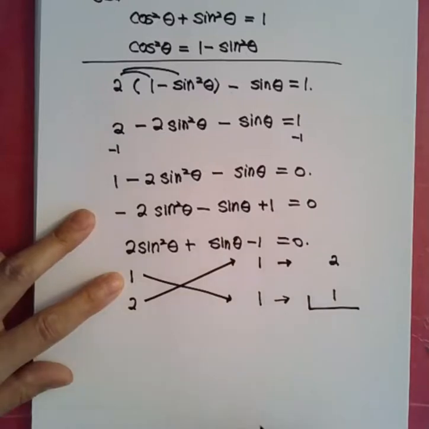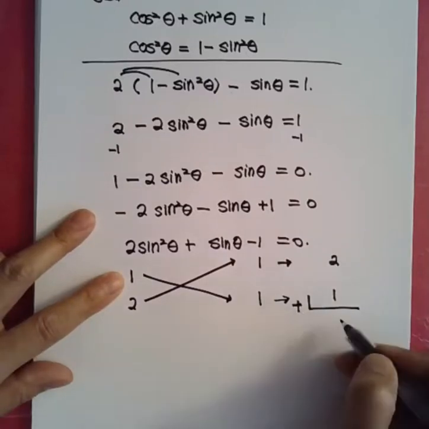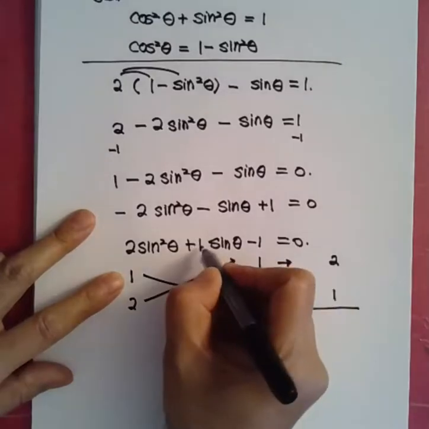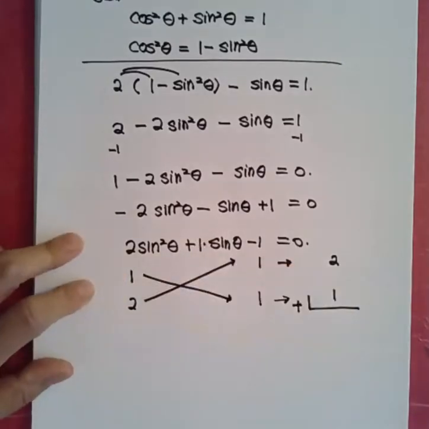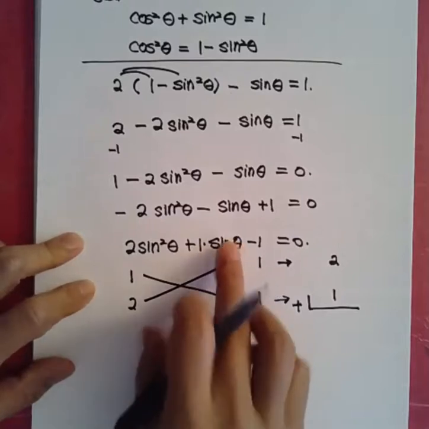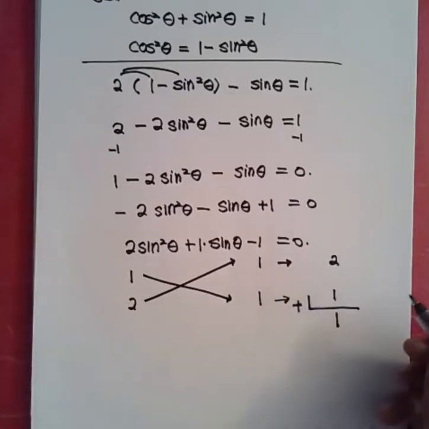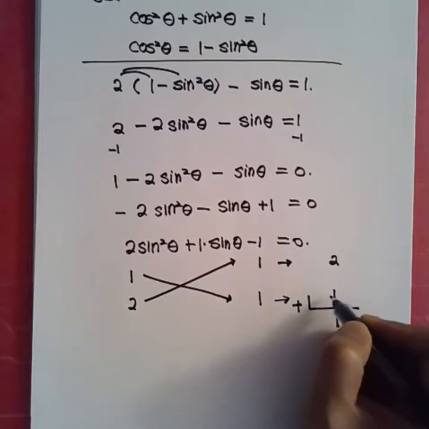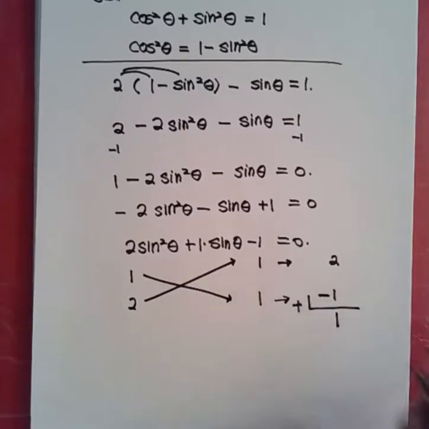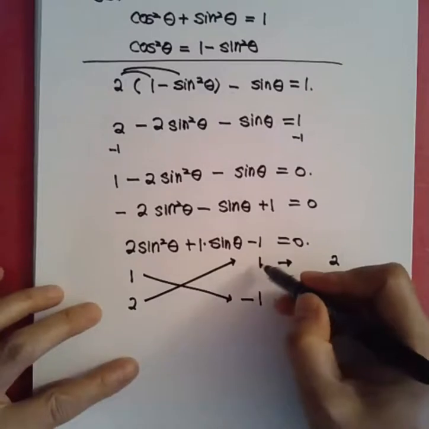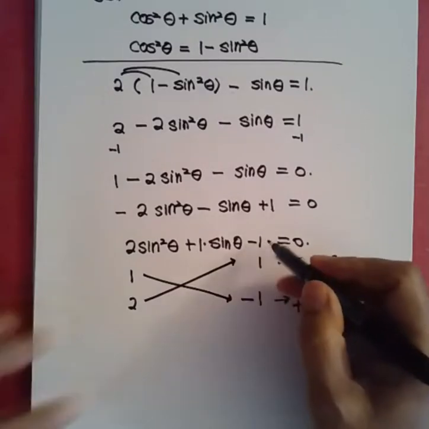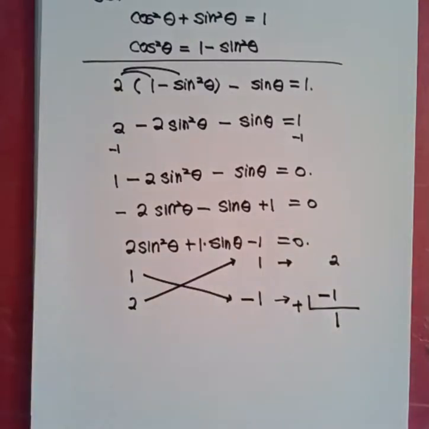Our purpose of doing this is that when we add vertically, we have to get 1, the number in front of the first degree term. The consequence is 1 when we add them up. The only way that can happen is when we put a minus sign in front of 1. And then we will transfer that to here. Then now 1 times minus 1 will make minus 1. That's perfect.